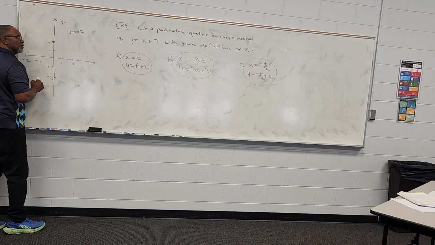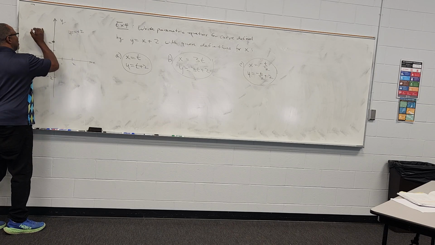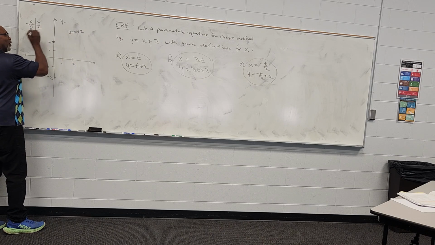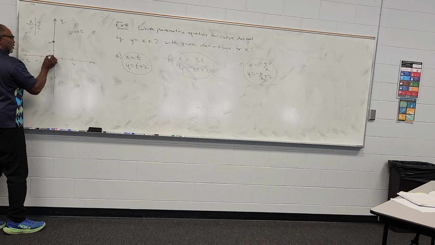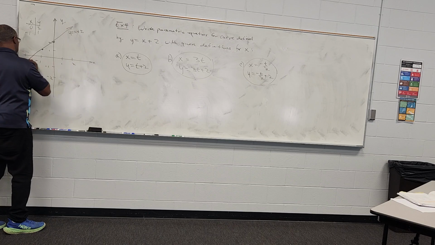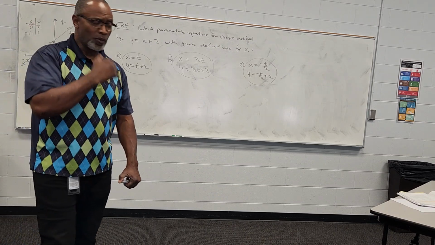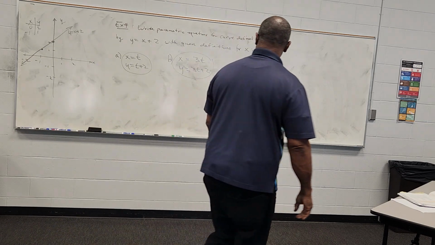I'm just doing a quick t-chart in my head. When x is 0, 0 plus 2 makes y equals 2. When x is negative 1, negative 1 plus 2 makes 1. So y equals x plus 2 is that line.